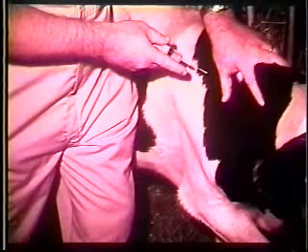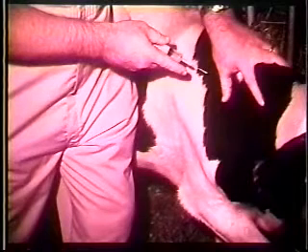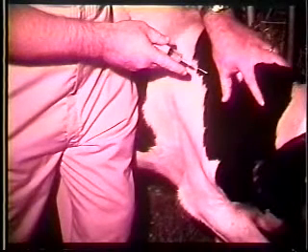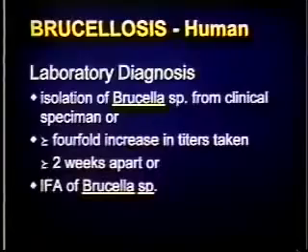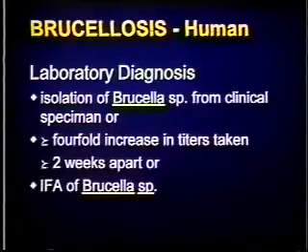Occasionally there are human cases that are associated with accidental inoculation of vaccines, but this is not a common problem. There are also laboratory infections for those who may work with the cultures in laboratories. Well, the laboratory diagnosis of brucellosis is largely through the use of serologic tests, that is, those that are looking for antibody in human serums.